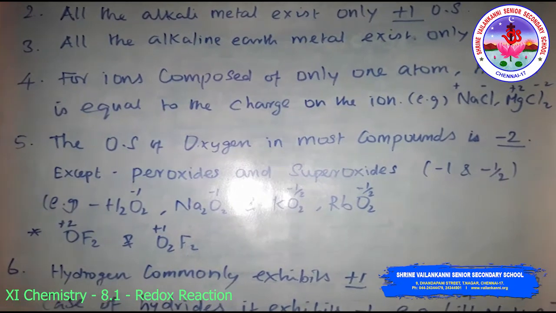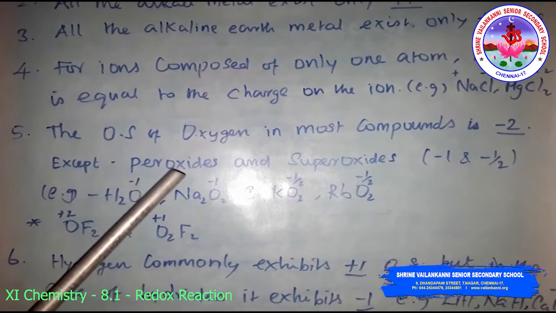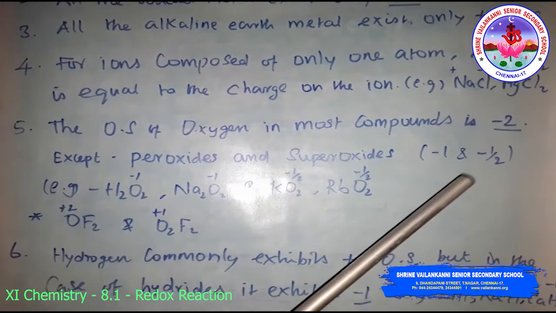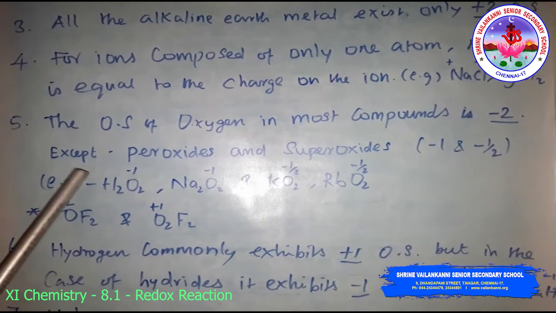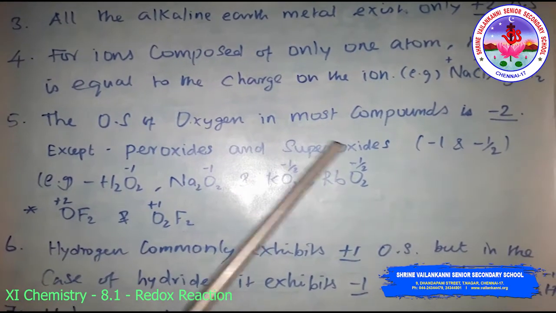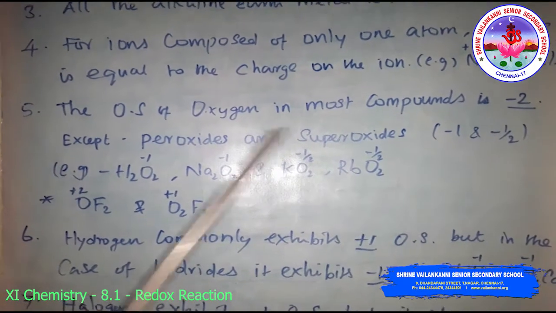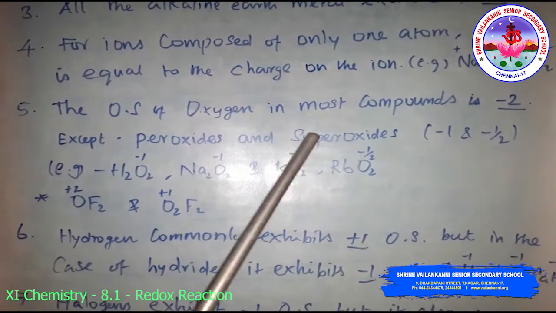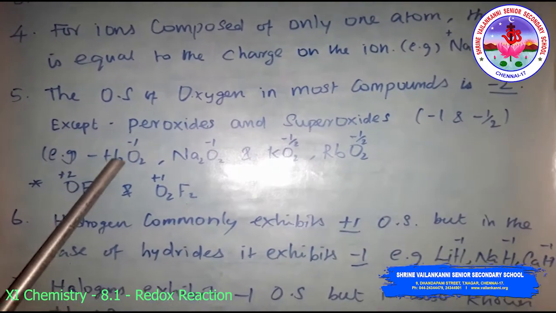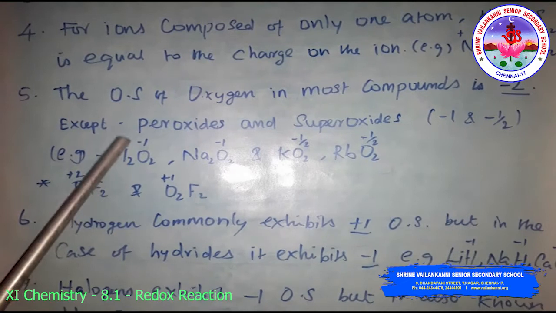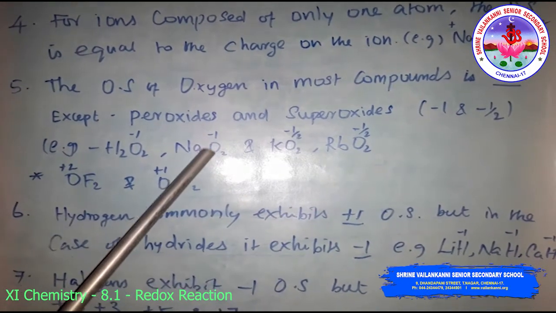Then the oxidation state of oxygen in most compounds is -2, except in peroxides and superoxides. In peroxides the oxygen is -1, and in superoxides it is -1/2. For example, in the peroxides H2O2 and Na2O2, the oxidation state of oxygen is -1.